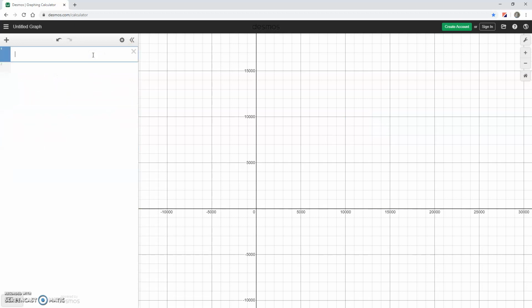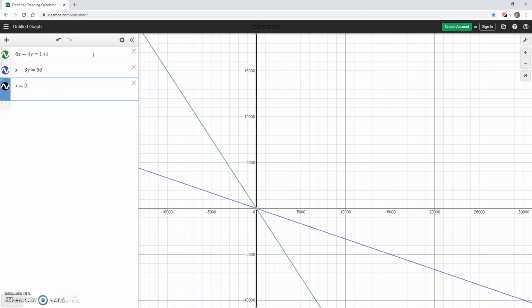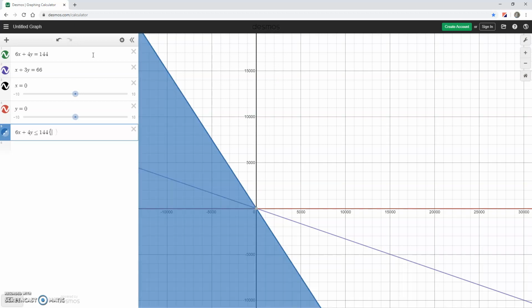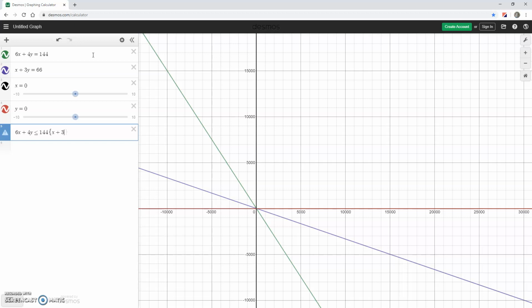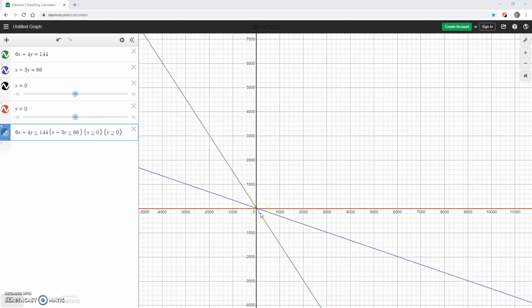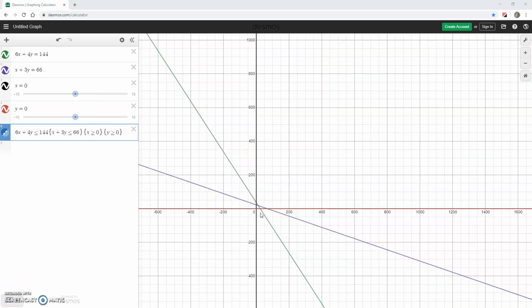So clearing everything out that we had just typed in, we can graph these new equations, as well as the inequality statements, and then zoom in to see what our bounded region looks like.